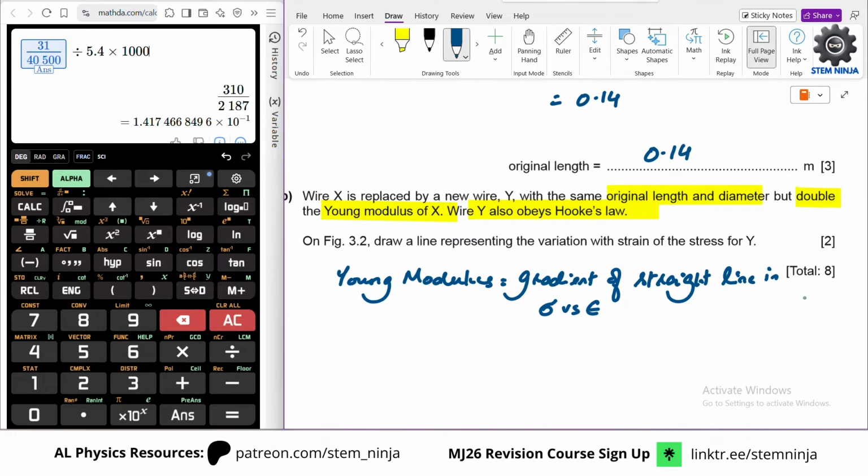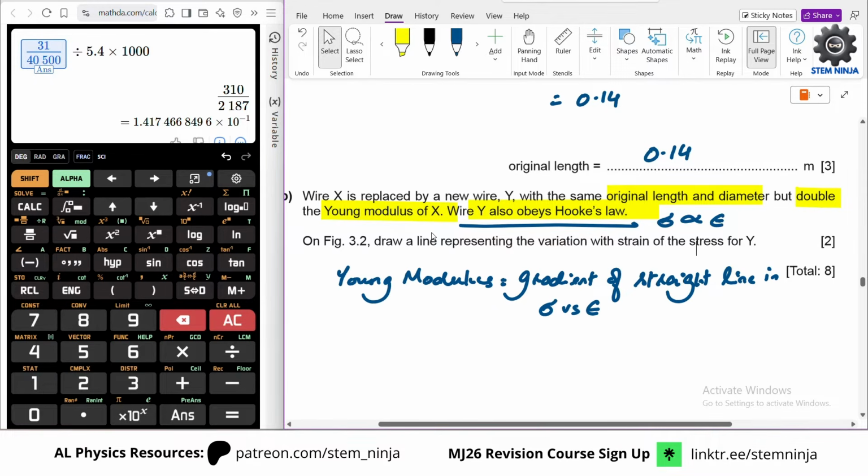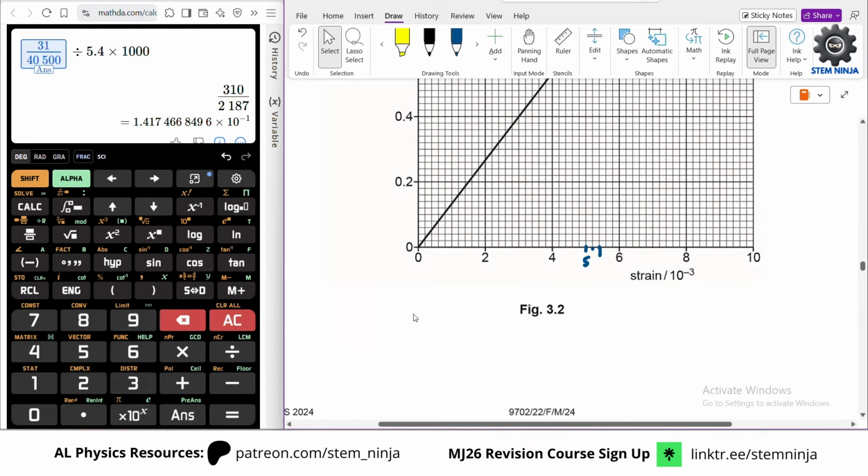The straight line only. And if it obeys Hooke's law, that means we have a straight line region, stress proportional to strain. So if it has double the Young modulus, that means you have double the gradient. Okay? So double the gradient.